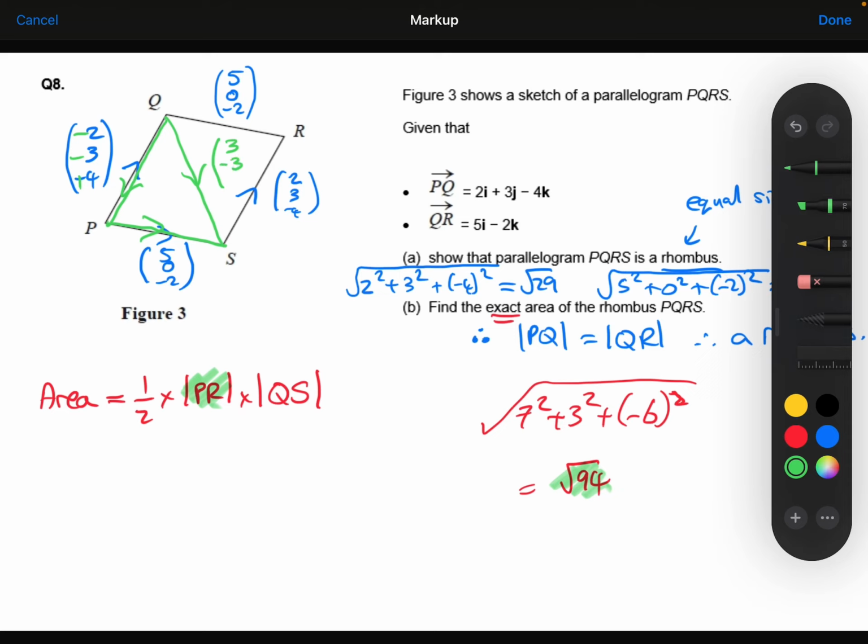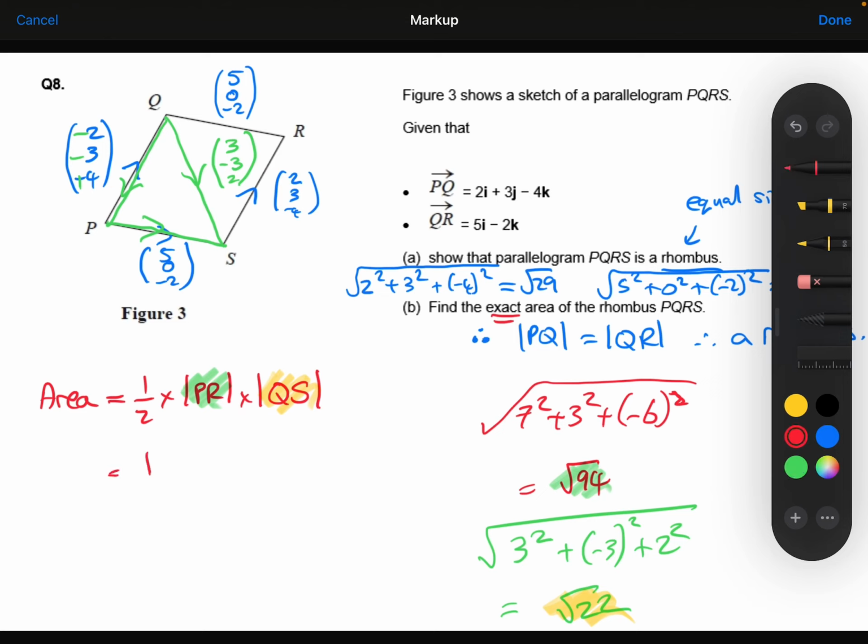And 4 plus the -2 is 2. Right, let's work out the magnitude of that then, to get the length of QS. So 3 squared plus (-3) squared plus 2 squared, all square rooted, is root 22. So the length of QS is root 22.